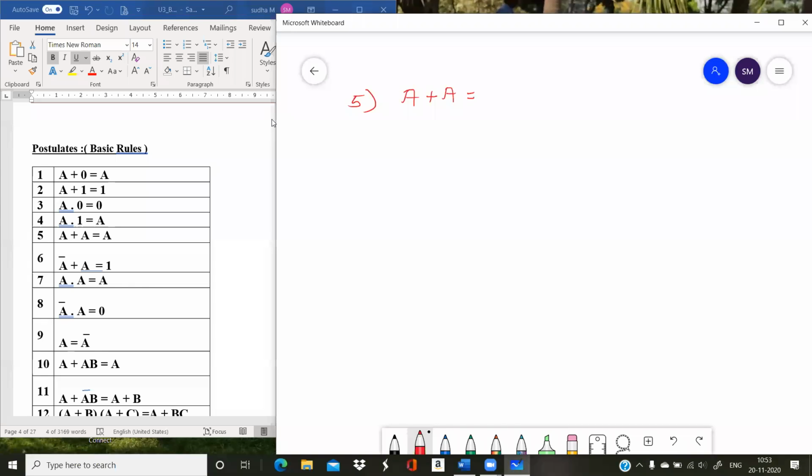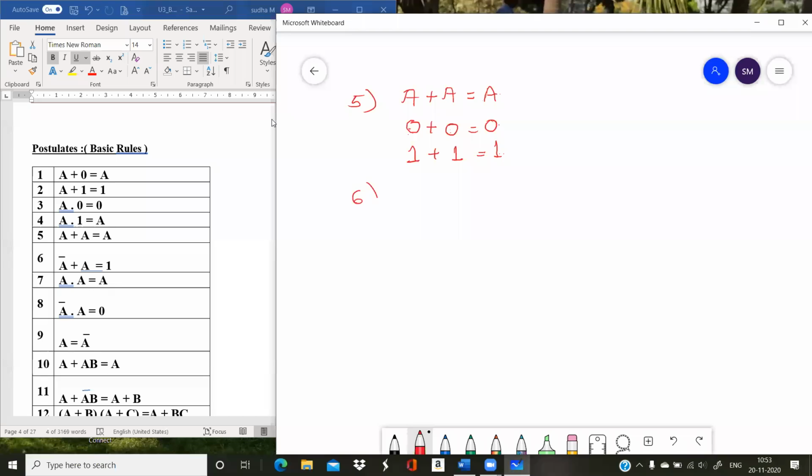Now let us apply 0 to A. A plus A is 0 plus 0, which is equal to 0 only. If A is equal to 1, it is 1 plus 1, which is also equal to 1. Therefore, this value is definitely equal to the A value. So A plus A is equal to A.